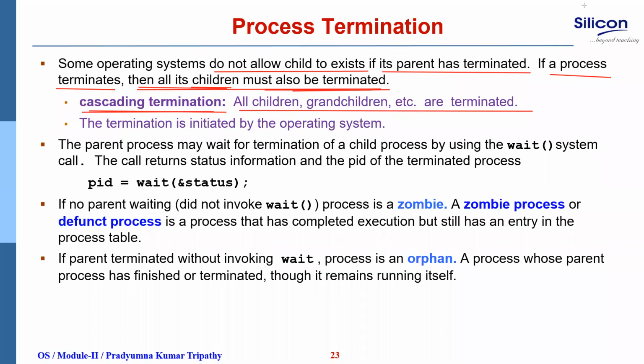Because some of the processes may be half in execution, some of the data may not have been saved, some are holding resources, and you are forcibly terminating in the middle.